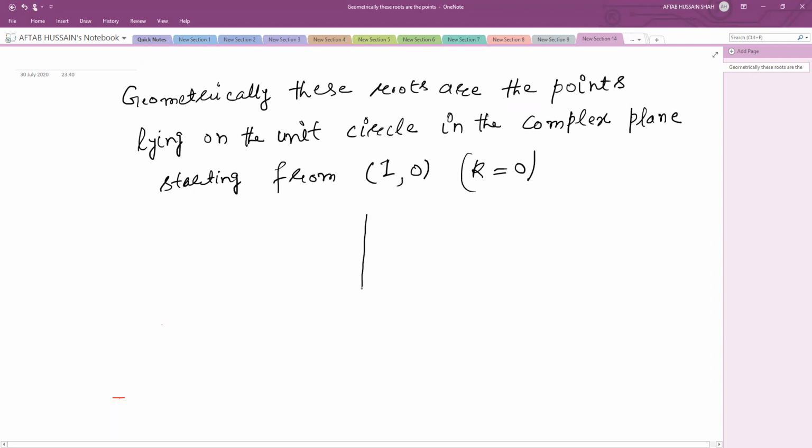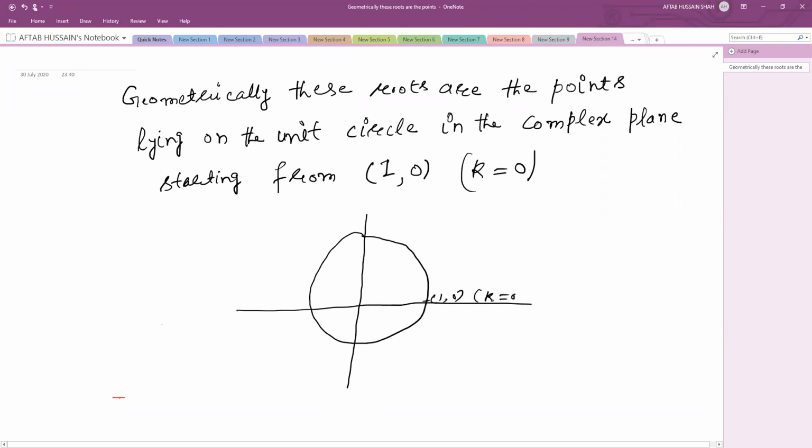If you draw a plane like this, suppose this is your unit circle, this point is your (1, 0) for k equal to 0, and then for k equal to 1 you get this point e raised to power 2 pi i by n.